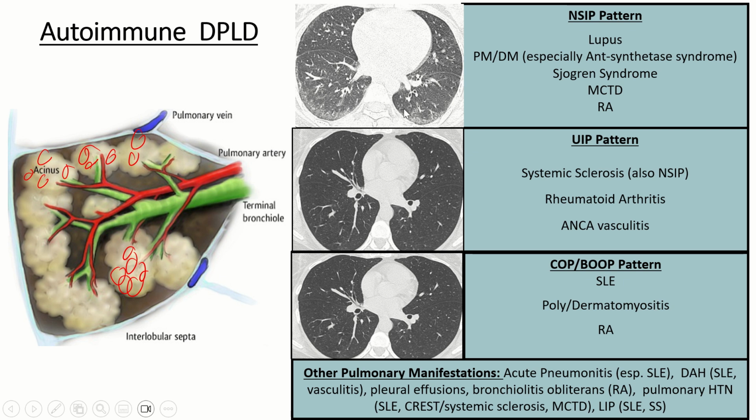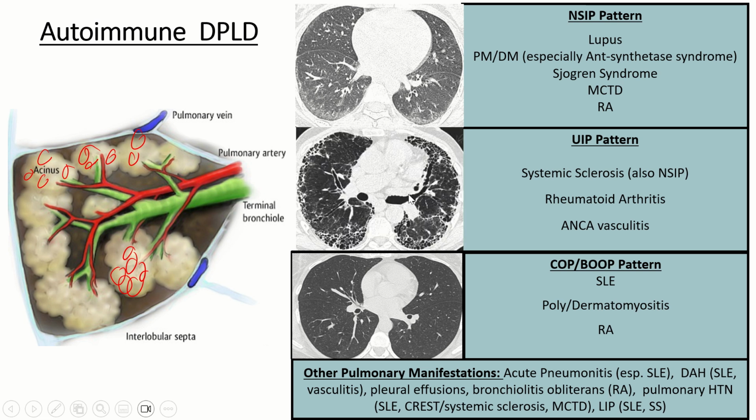You may get ground glass opacities. You can potentially get some fibrosis. You may get a little bit of traction bronchiectasis, but you really will not get complete architectural distortion. They can cause the UIP pattern. The one that can do this, I think the easiest to remember, the one you'll probably only get questions on, would be systemic sclerosis.